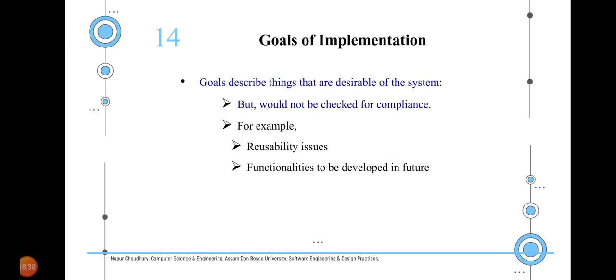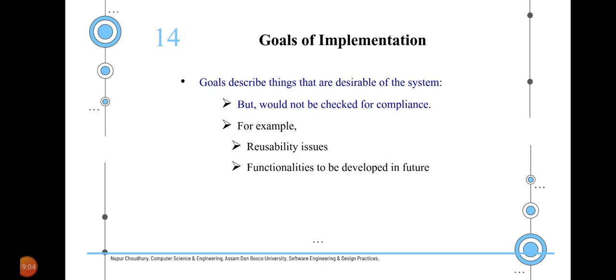For example, reusability issues and functionalities to be developed in future. There are certain goals or aims associated with each of the requirements based on the improvement or scalability of the system. So these three parts of the SRS complete the full and final SRS.